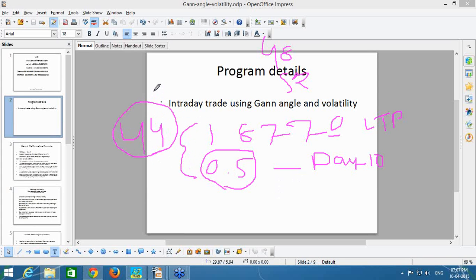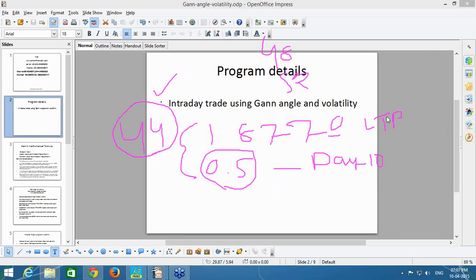Now we'll use these 44 points as a parameter in our calculation. For that, I have taken the parameter which is going to give us the trend, and the parameter which is going to give us the entry and exit levels.